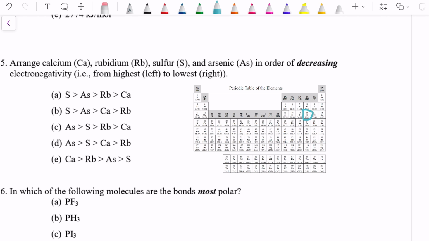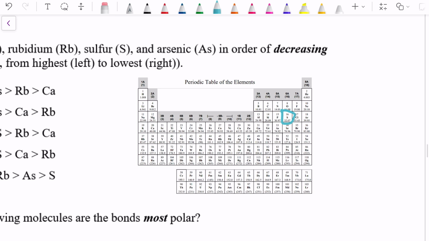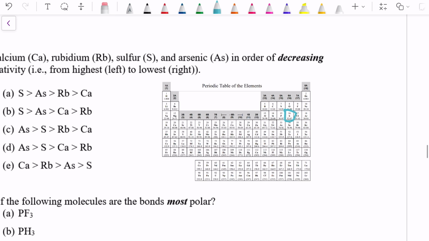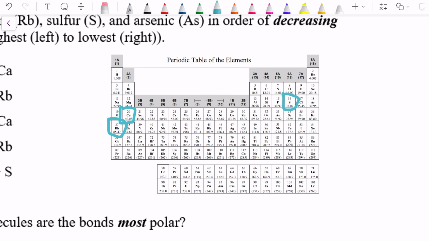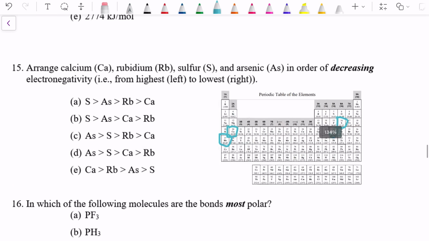Where is arsenic? I have no idea. What are the other ones? Rubidium, I know what rubidium is. Calcium, easy. Okay, As. Where is it? Oh, it's right there. So those are our 4 elements.